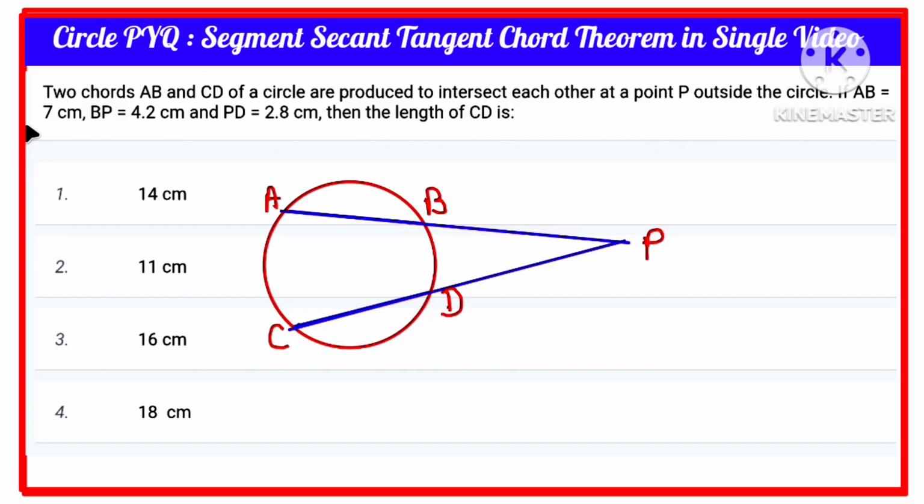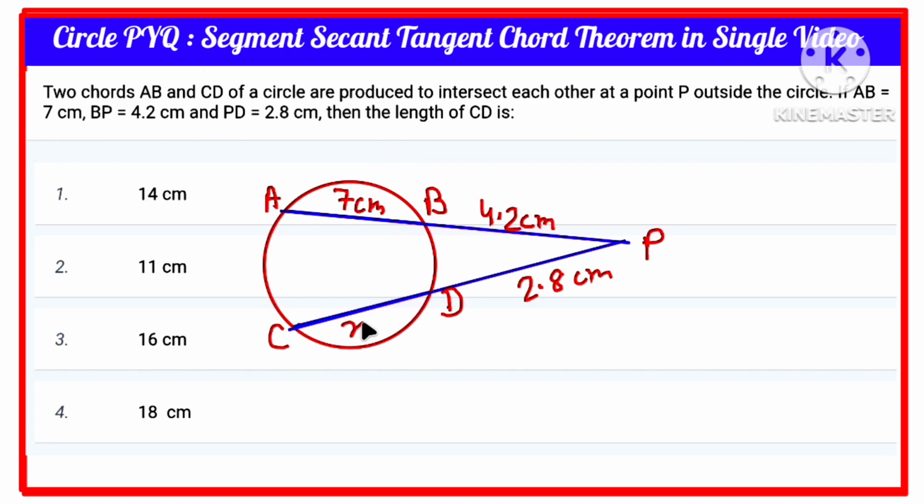Here it is given AB is 7 cm, means this length is 7 cm. BP means this one is 4.2 cm. PD means this one is 2.8 cm. And here you are asked to find out the length of this chord that is CD.